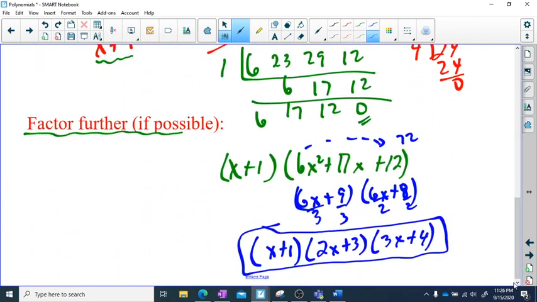The factors means what expressions can you multiply together to give the original question. If you expand these three out, multiply these two, get the answer, multiply by this binomial, you will get the original. That process that I've just worked through is using the factor theorem to factor a polynomial. And that's what we want students to be able to do, factor polynomials.